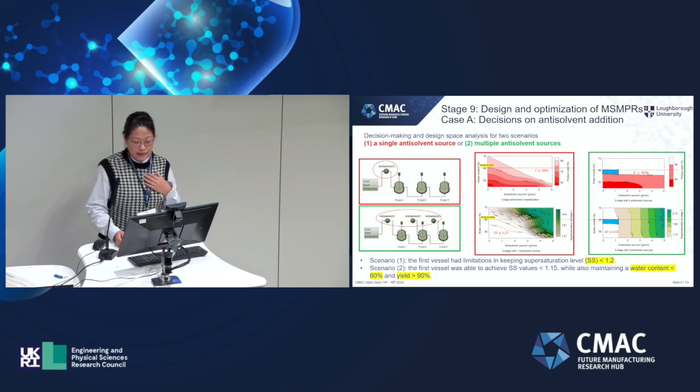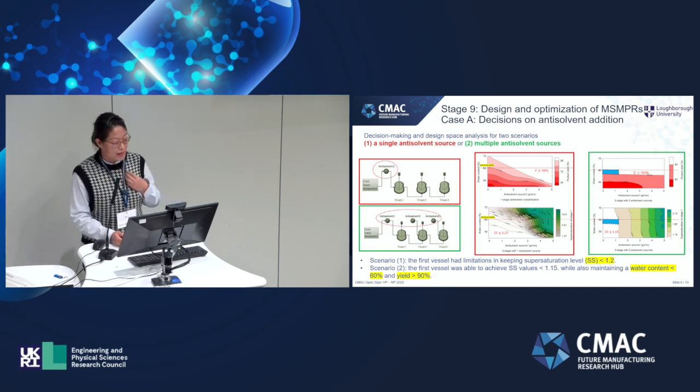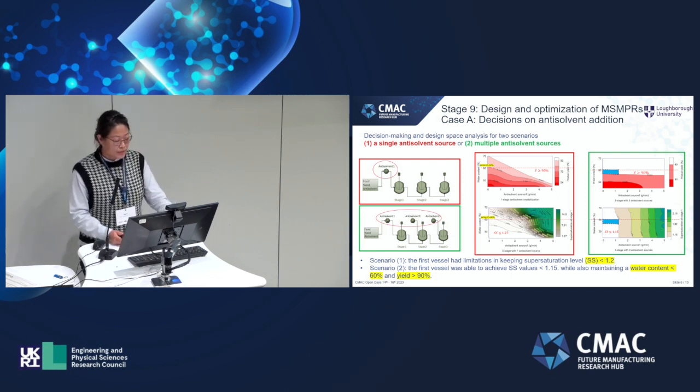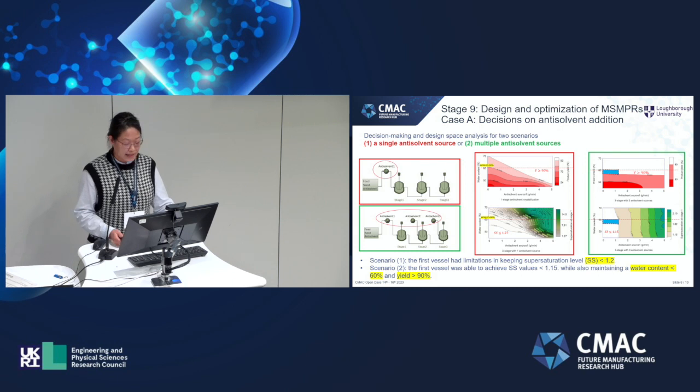This is because multi-antisolvent sources enable the reduction of the supersaturation level across each of the vessels, effectively mitigating the issues associated with fouling, agglomeration or line blockage. The satisfied operating zone is highlighted in blue, with a lower supersaturation, while at the same time maintaining a low water content and a higher yield.